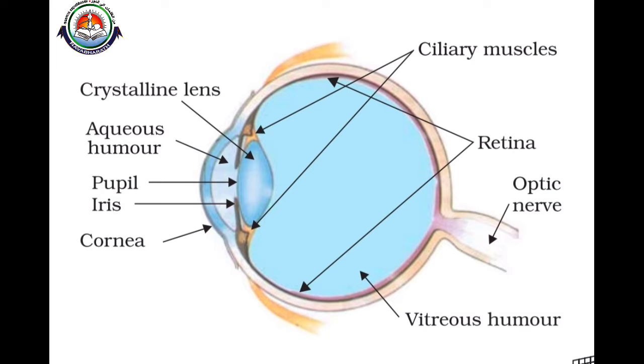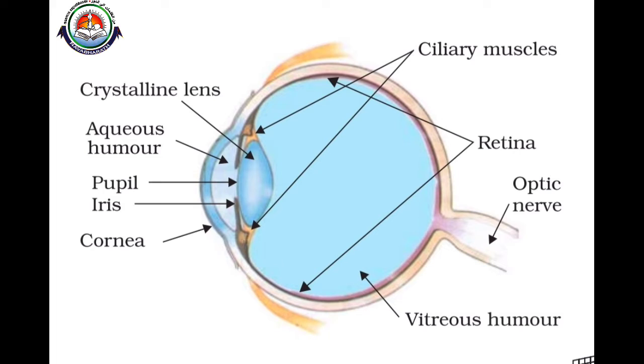Next we are going to discuss the functions of these parts of the human eye. The first one is the crystalline lens. It is composed of a fibrous, jelly-like proteinous material, and it is converging in nature. Its main function is to focus the incoming light rays from the object on the retina.